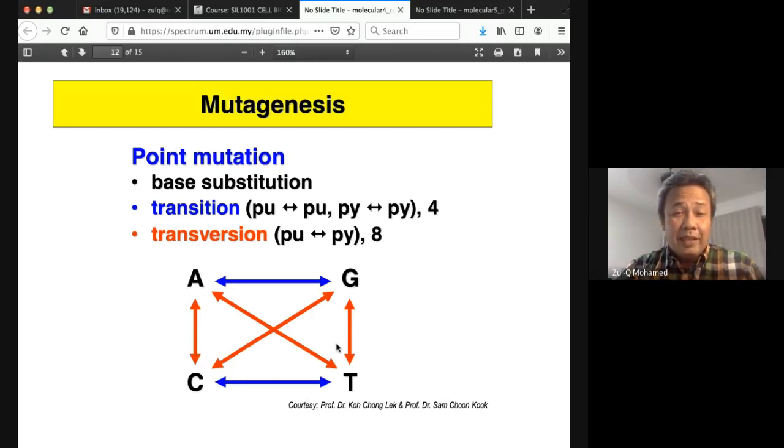It also means that there are more possible transversions compared to transitions, correct? So you would expect to see a lot more mutations from transversion than transition, but actually there are more mutations from transition because a lot of mutations actually cause transitions. We'll talk about that when we talk about mutations.